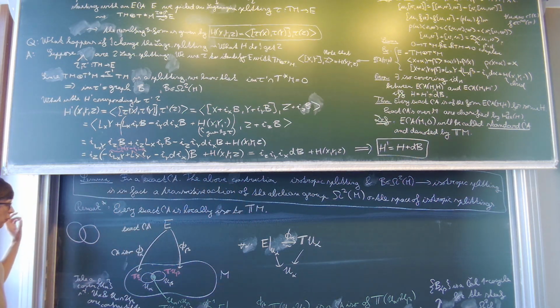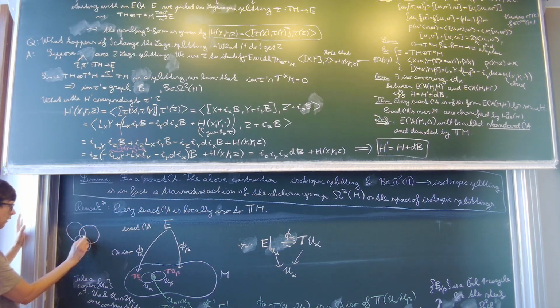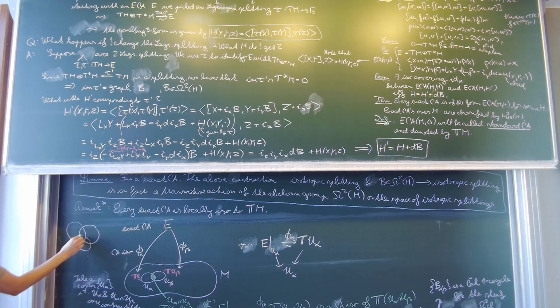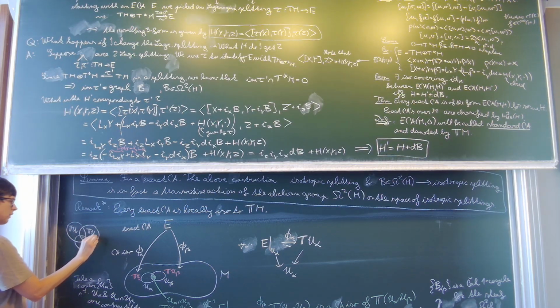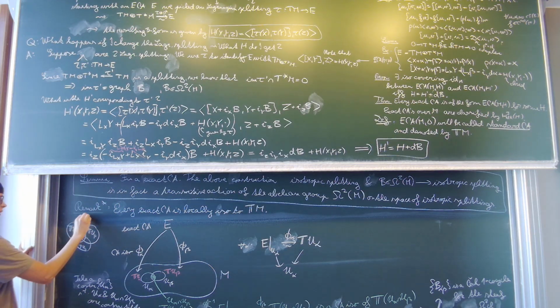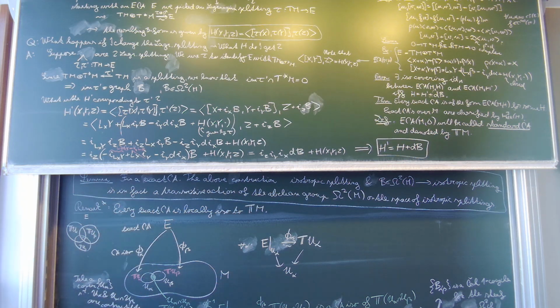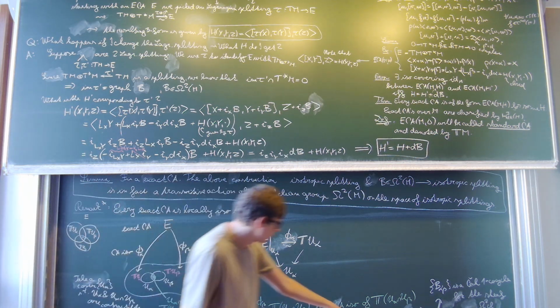But if you want to do it in terms of pictures, then let's say here I would have this T U alpha, here I would have this T U beta, T U gamma, and here I have this E, and what this B is.